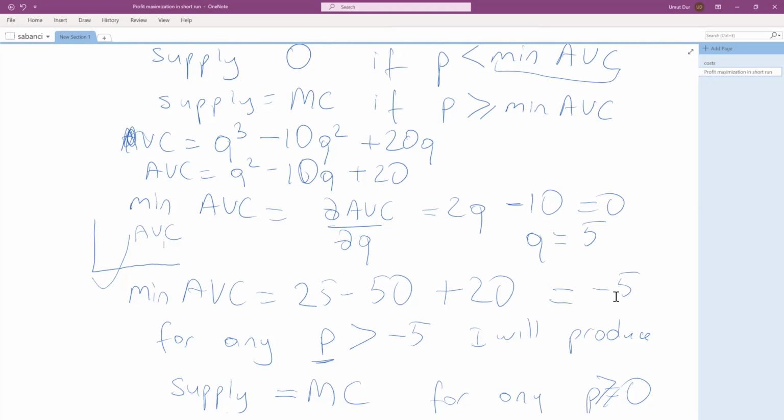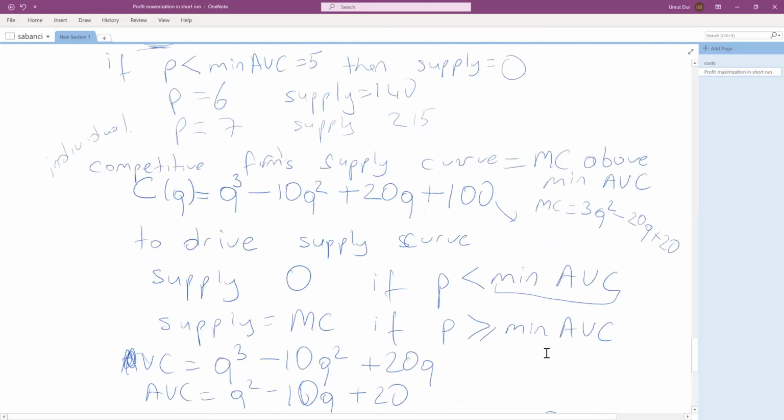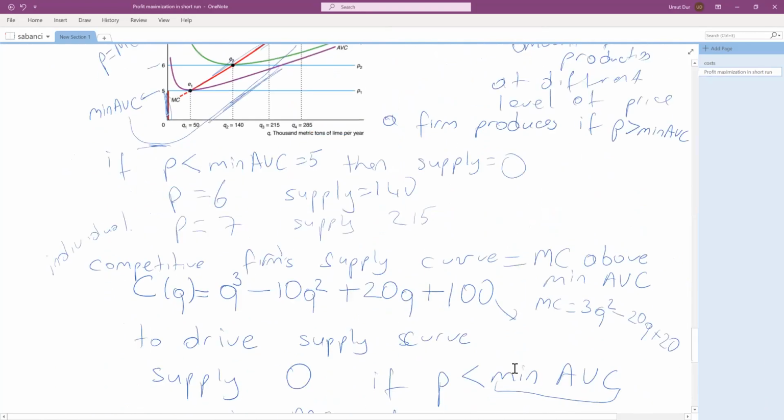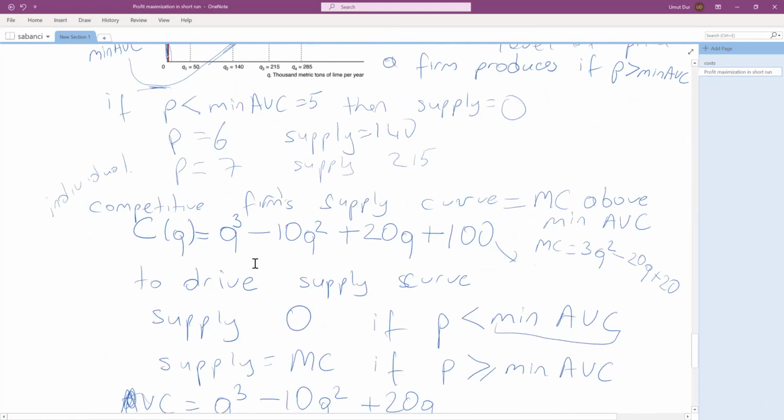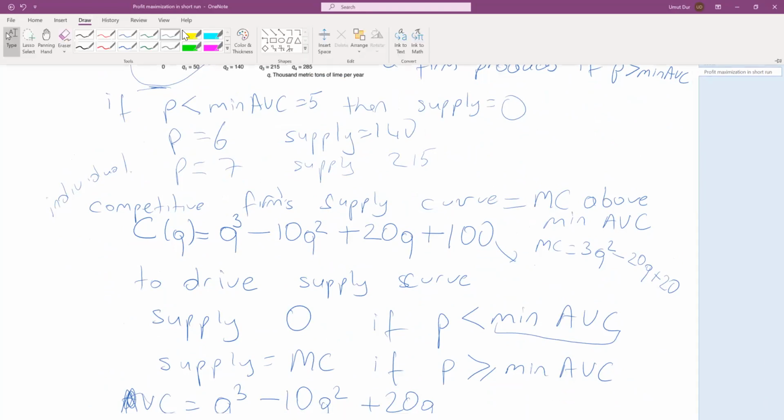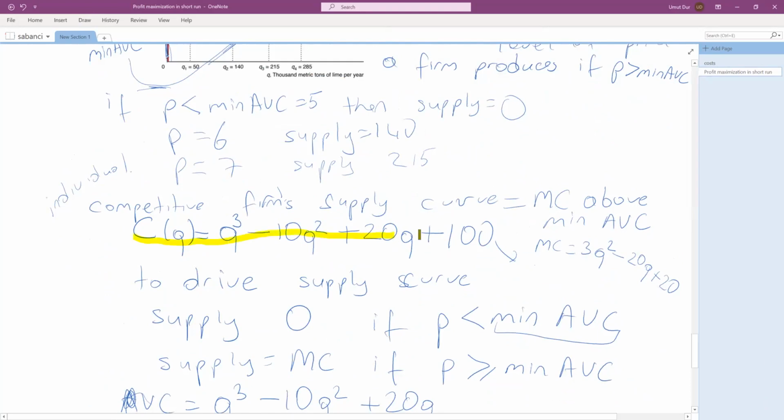So let me go over it one more time. Then we will call it for today and continue on Wednesday. We would like to find the supply curve for a competitive firm when its cost function is given as this.